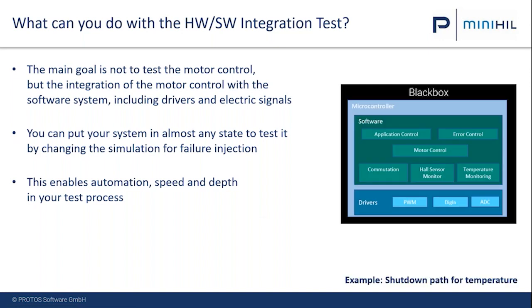As an example, I take again the temperature shutdown for the temperature errors and for the motor. So we look at the microcontroller, including the complete software and drivers, as a black box. So by doing that, I can, for example, stimulate the ADC by providing an analog output for the temperature. So what happens in the system now, that's the black box behavior. In the system, all the signals and so on, they cascade through the system and do whatever they want.